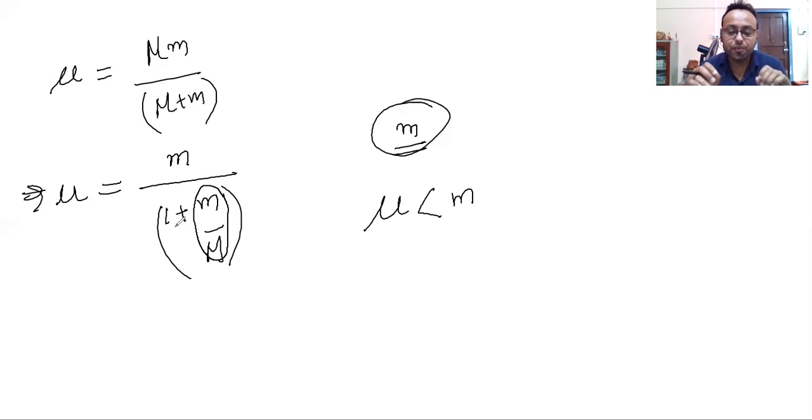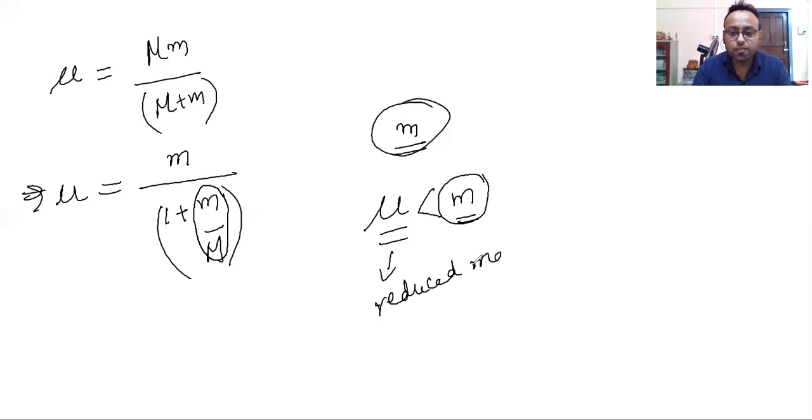Now that means your mu is always less than m. The m is the mass of the electron, which we are using generally in our earlier calculation. But now this mu is less than m, and that's why this mu is known as reduced mass. The original mass is reduced by which factor? By this 1 plus m by M.